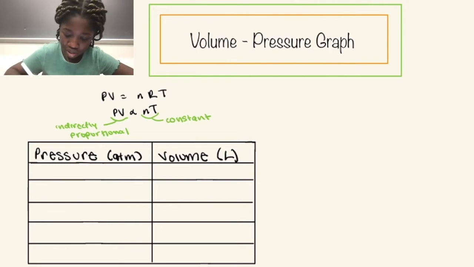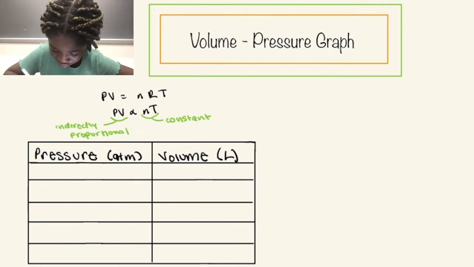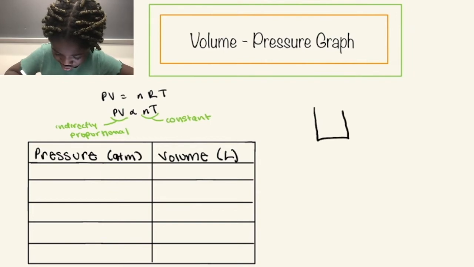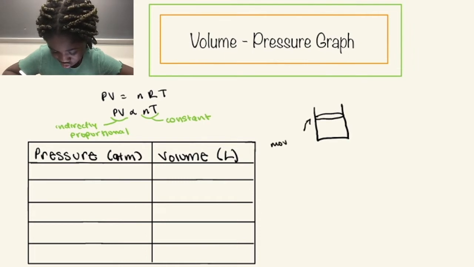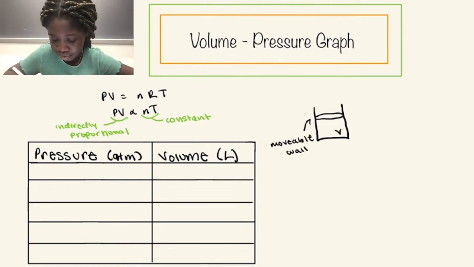So, let's say we have a chamber that contains a piston, and this is a movable wall. It's at some set volume with some set applied pressure.